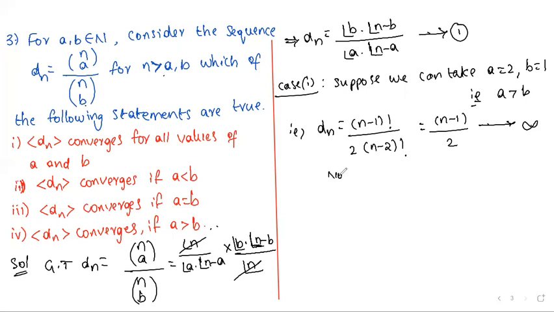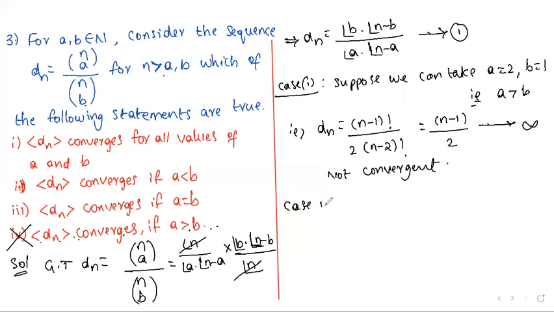So it is not convergent. If a is greater than b, the given sequence is not convergent, so this option is wrong.